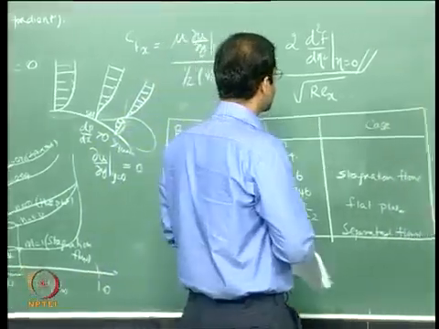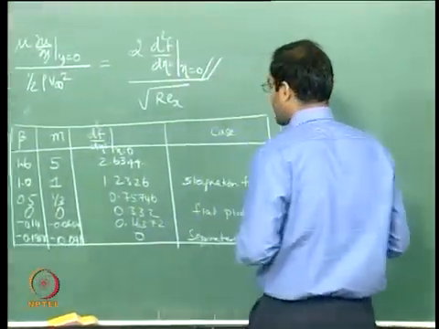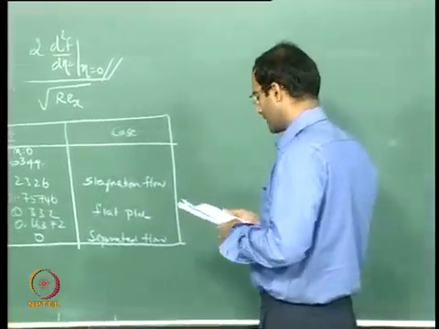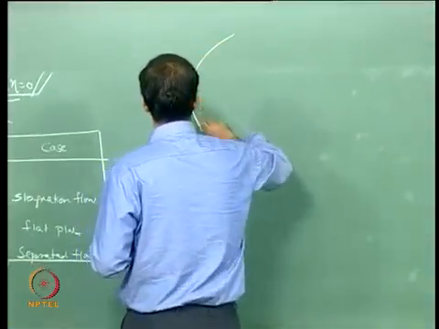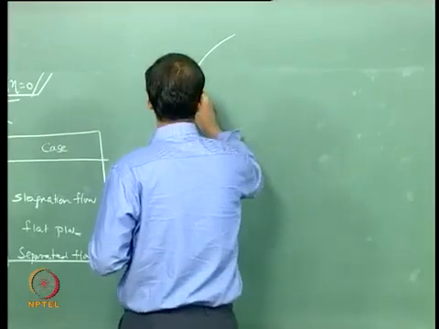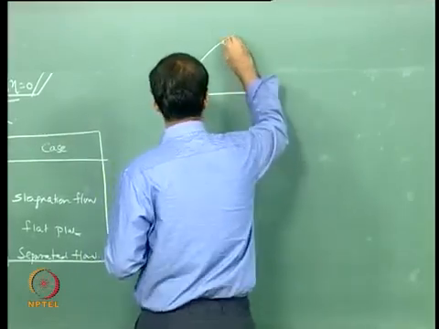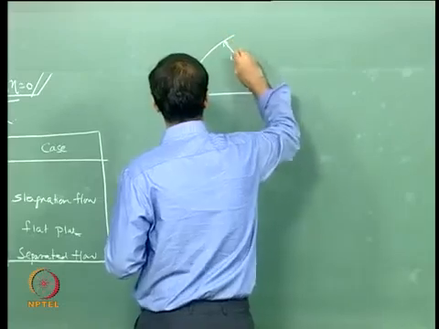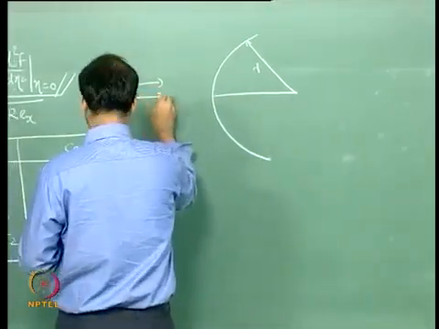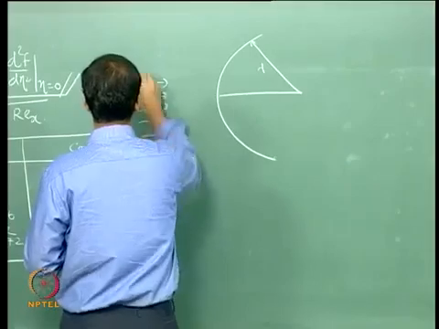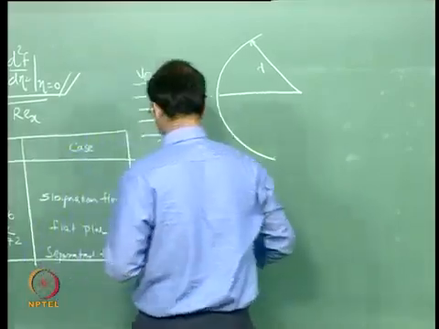And a special case where we can apply the stagnation flow is flow past a circular cylinder. This is your radius r, and this is your approaching free stream velocity, which is constant.